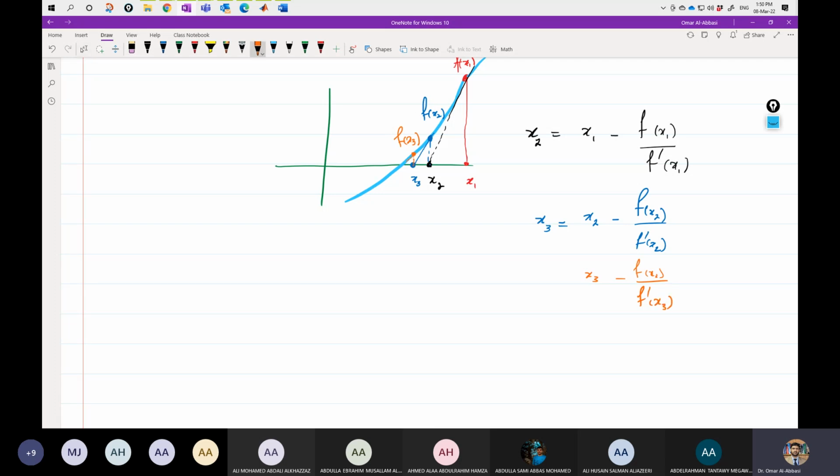If I do that, let me say I landed at x4. You will see, for example, in this case, that f at x4 is very close to 0. So what do you conclude? We'll stop the iteration. So basically, that is the solution.